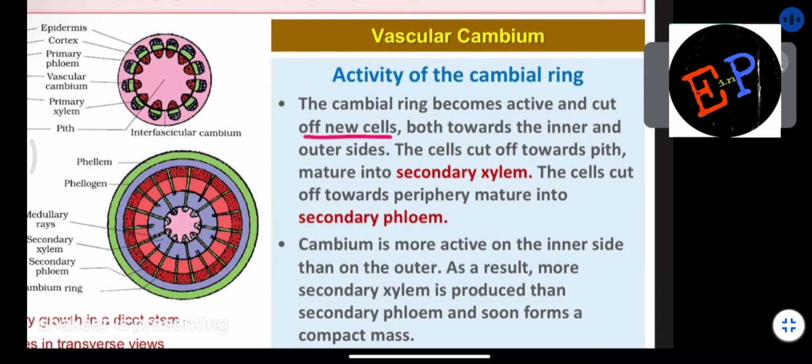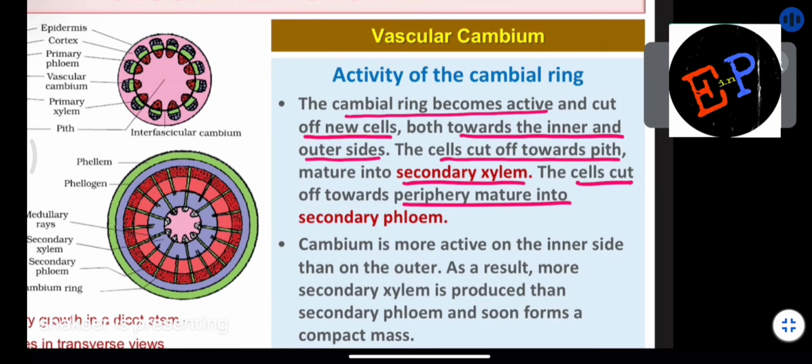On the inner side it divides into secondary xylem. So the cambial ring becomes active and cuts off new cells towards both the inner and outer sides. The cells cut off towards the pith, meaning the inner side, mature into secondary xylem. Already we discussed. The cells cut off towards the periphery mature into secondary phloem.